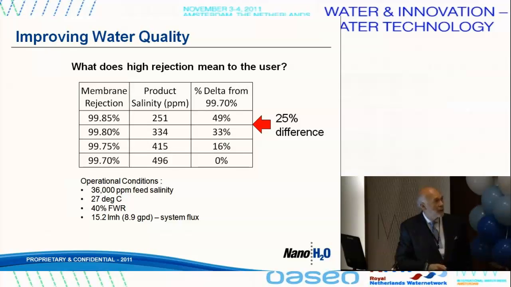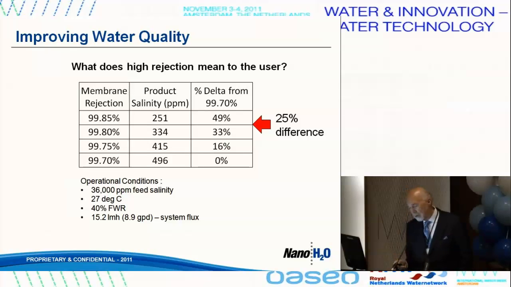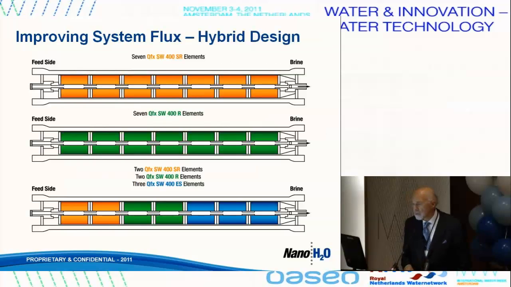So under these operational conditions, that's the ppm of total dissolved solids that you would get. If you're going to a 99.85% membrane, there's a 25% difference here, huge difference in the salinity of your product. So that's again part of the promise of these membranes.